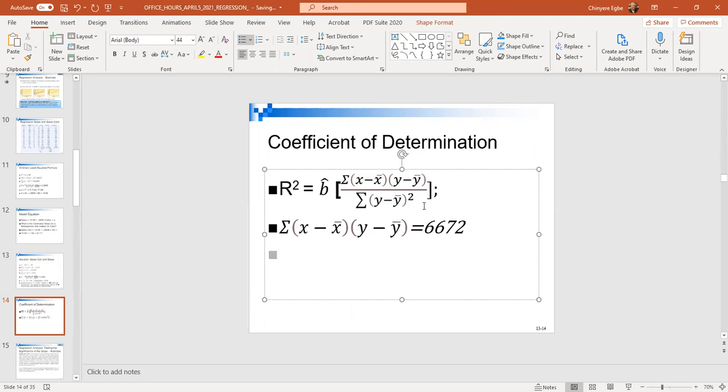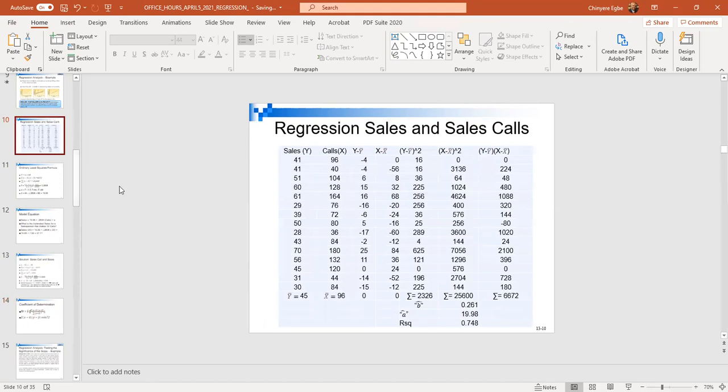We have x minus x bar times y minus y bar, but we do not have y minus y bar squared. We calculated y minus y bar squared somewhere. Okay, this is it.